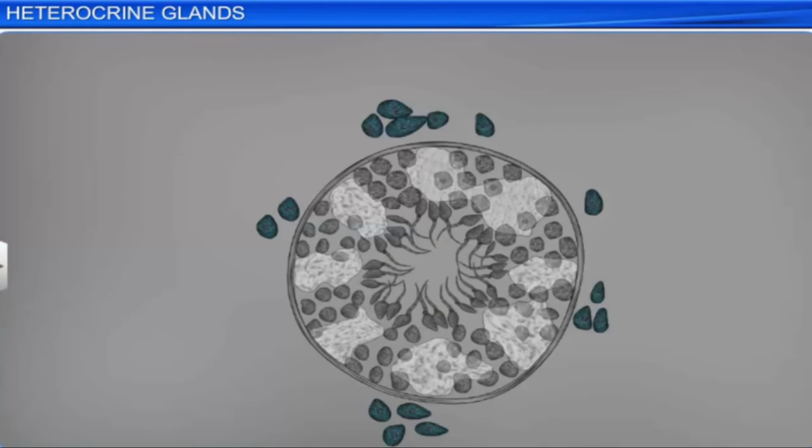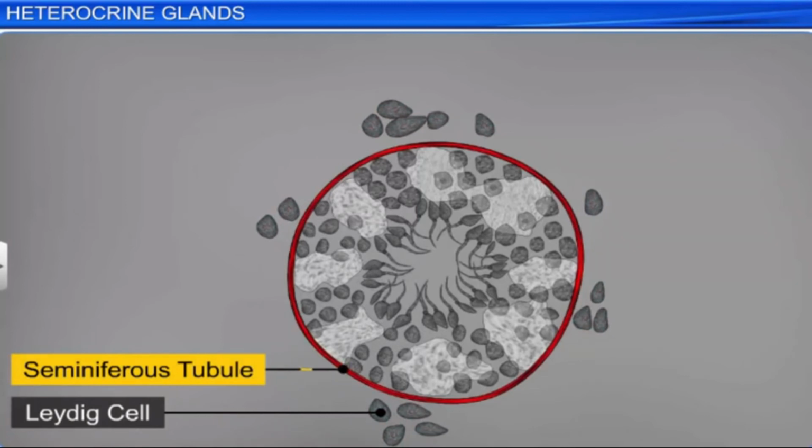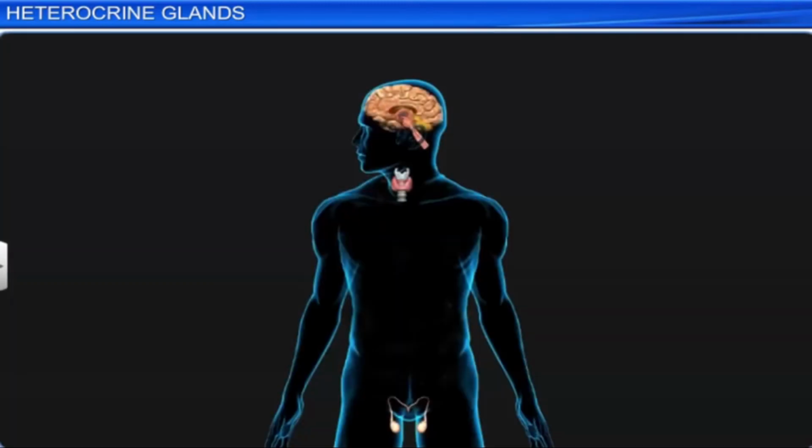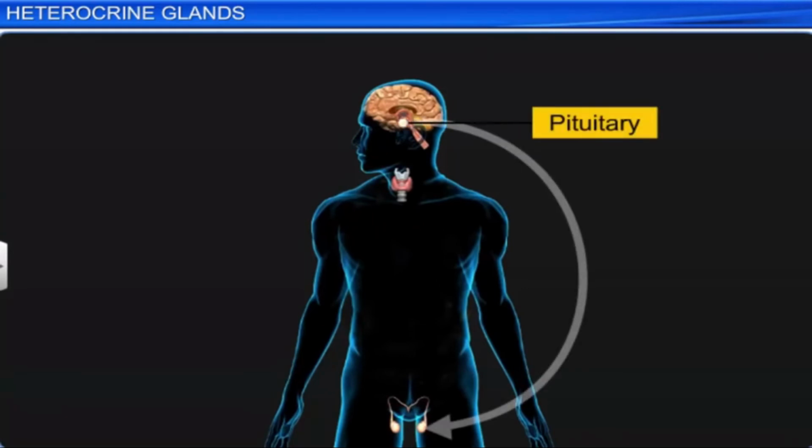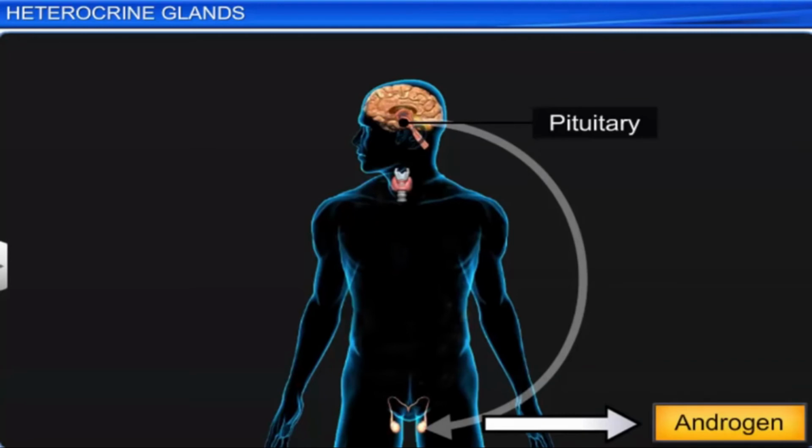It is formed of interstitial cells or Leydig cells that lie between sperm-producing seminiferous tubules. The interstitial cell-stimulating hormone, or ICSH, of the anterior pituitary stimulates the testis to secrete androgens, the male sex hormones.